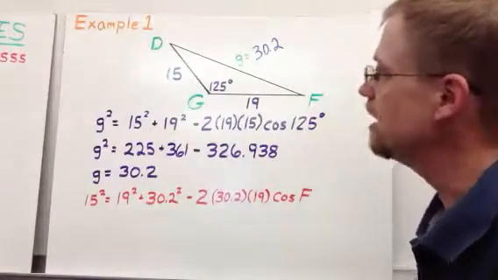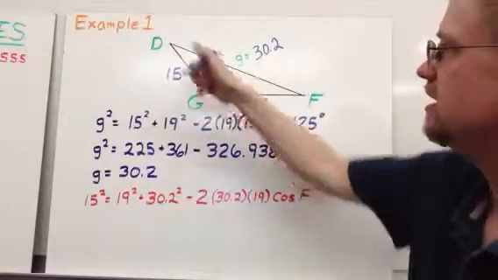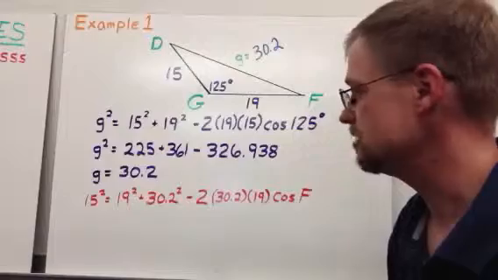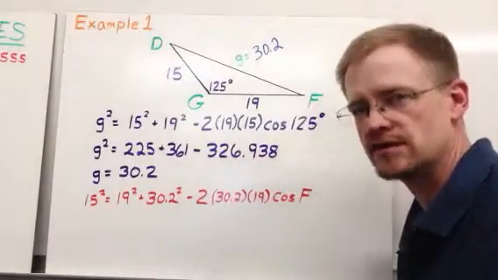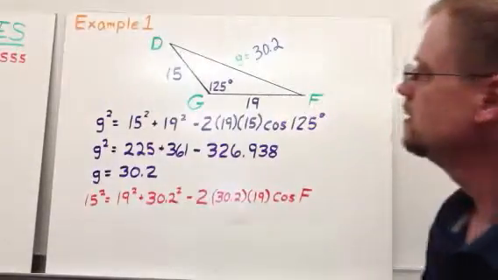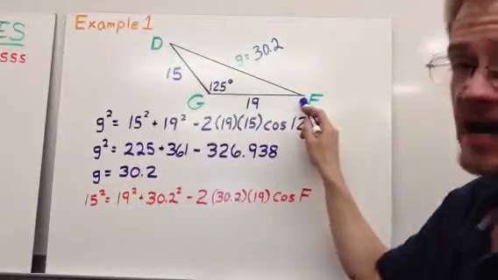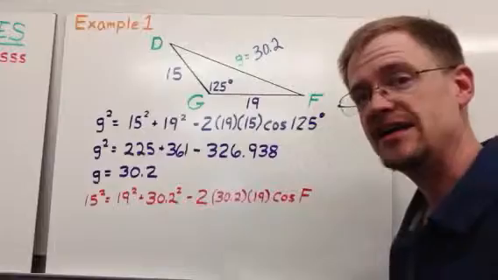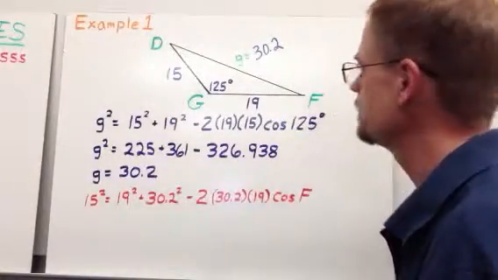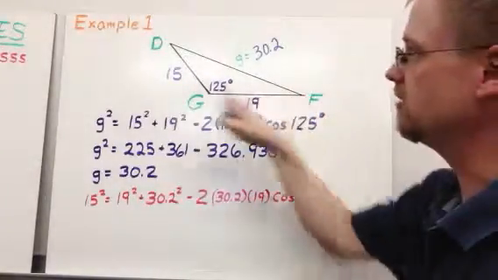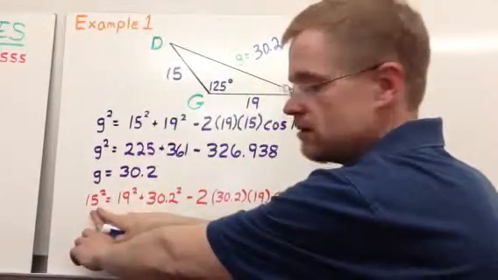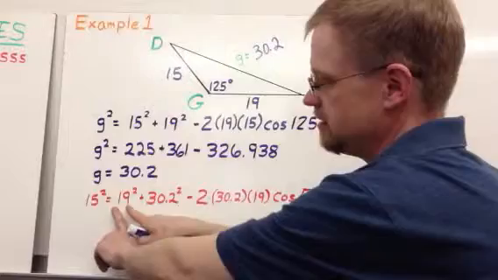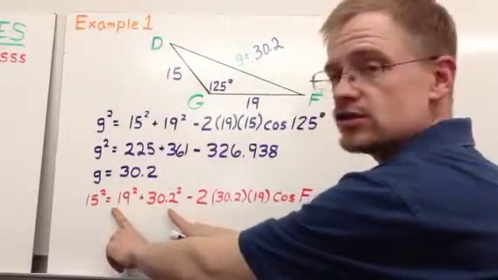Now, we could go about and keep finding another angle measurement. On this one, I'm just going to set it up, and I'll show you on the second problem how to work through it. But let's say that we wanted to find angle F. This time we're finding an angle instead of a side. Well, our side opposite angle F is 15. So 15 squared equals 19 squared plus 30.2 squared.